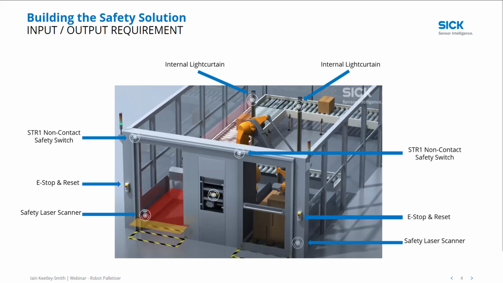So that's all of your input devices. All of those input devices are then wired back into the Flexisoft controller, which is highlighted in the center here in the middle of the machine, and ultimately what we're controlling is the robot operation.